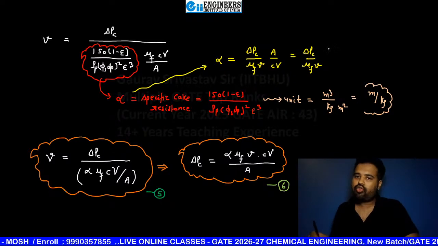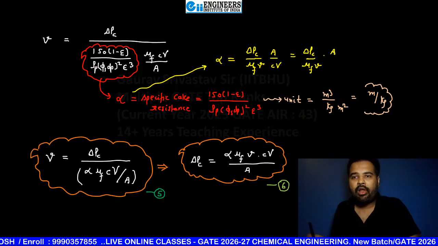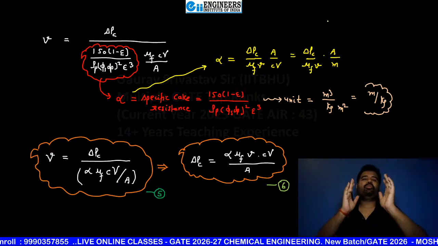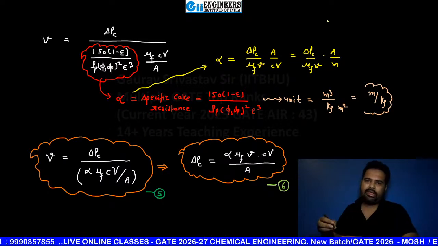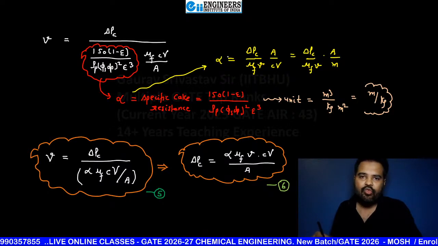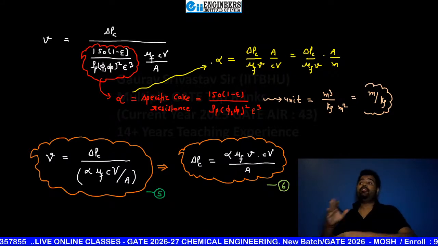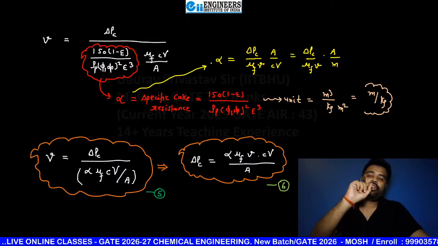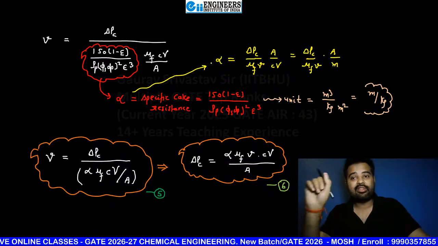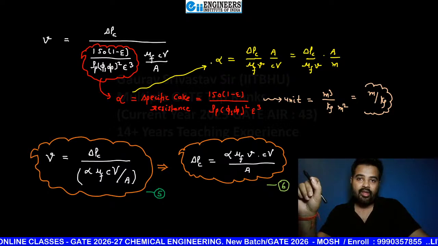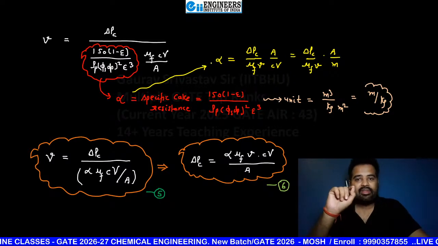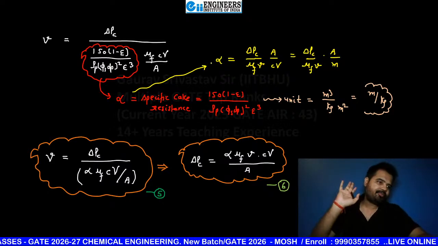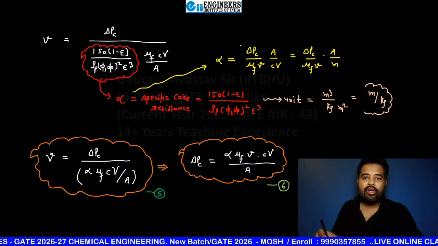Sir, this equation is looking a little bit complex. Do we need to remember? Yes, my dear student, lots of numericals you can find in your GATE PYQs from this alpha. They can give all parameter values, and ask you what is the value of specific cake resistance in meter per kg. Just put delta PC, A, Cv, mu and V values there, you will get your answer. Okay, are you getting my words?